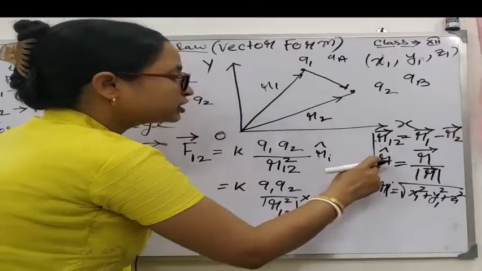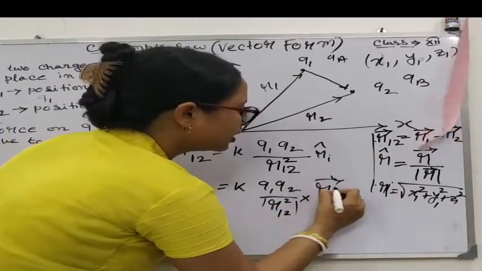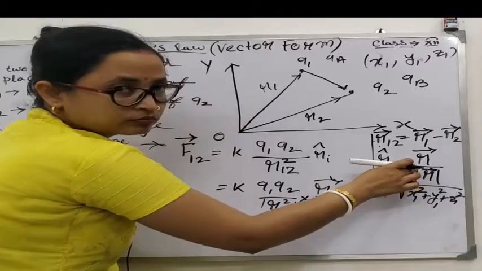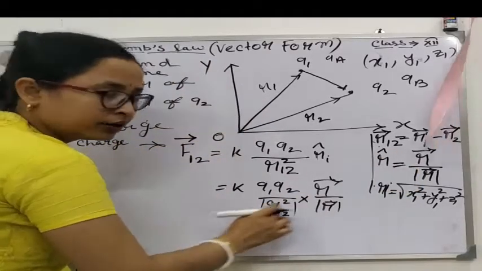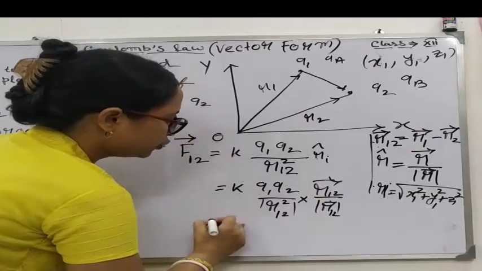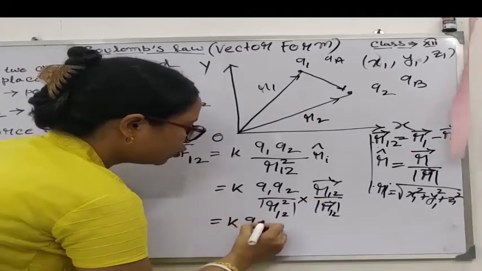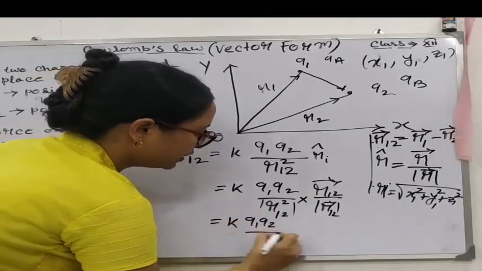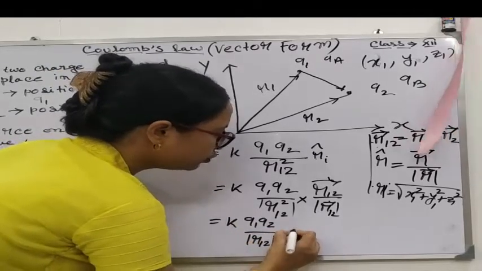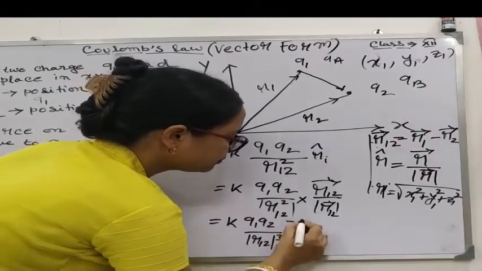Now here, instead of R cap, let us write R vector divided by R. It is also mod, no? Magnitude. So these are equal, R12 and R12. If you multiply, then it will be K Q1 Q2 divided by mod R12 whole cube into R12 vector.